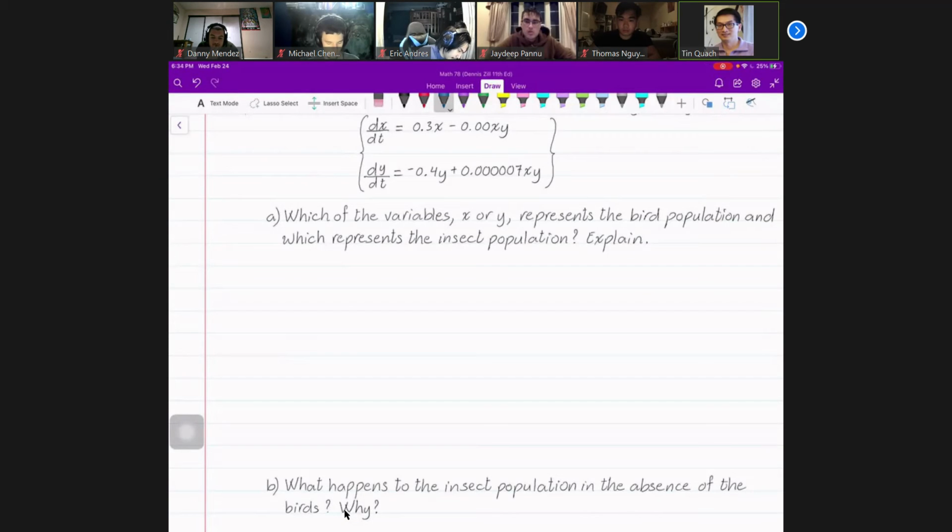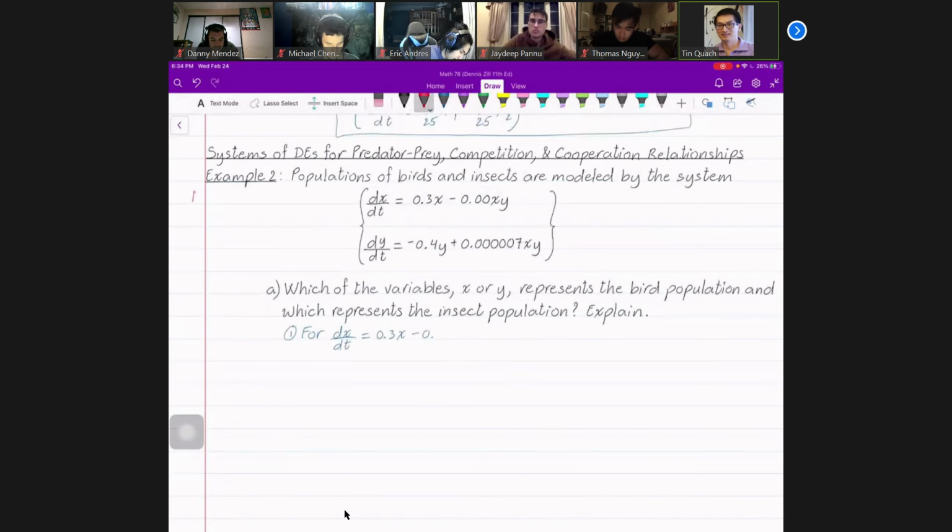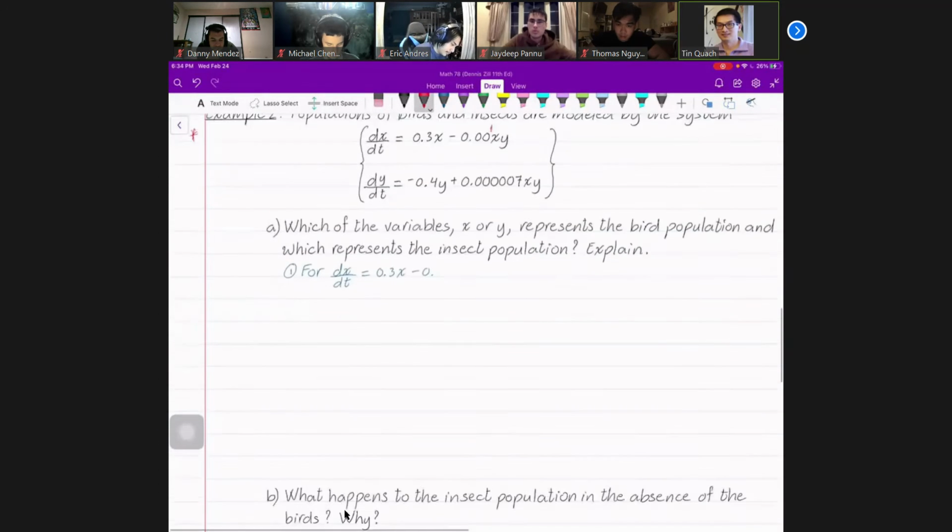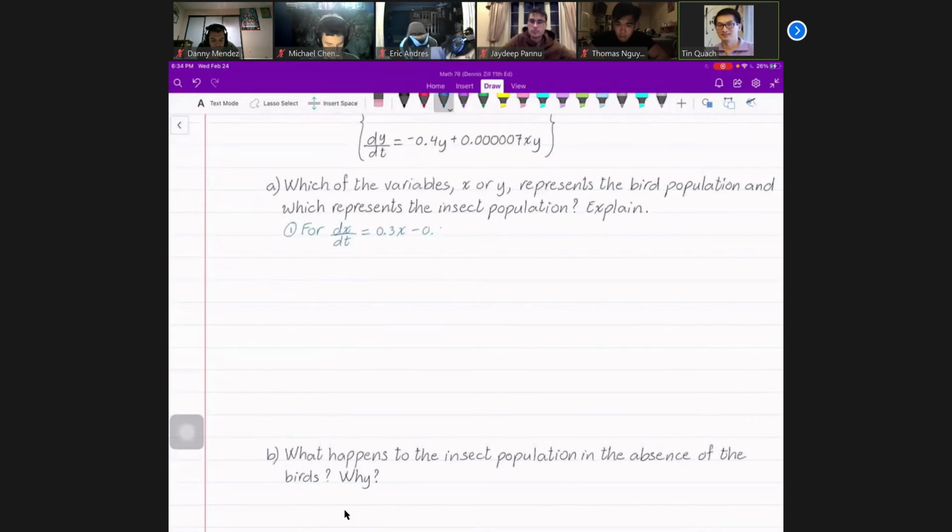For dx/dt equals this. Oh, I'm missing a number. It should be 0.01 xy. So 0.01 xy.